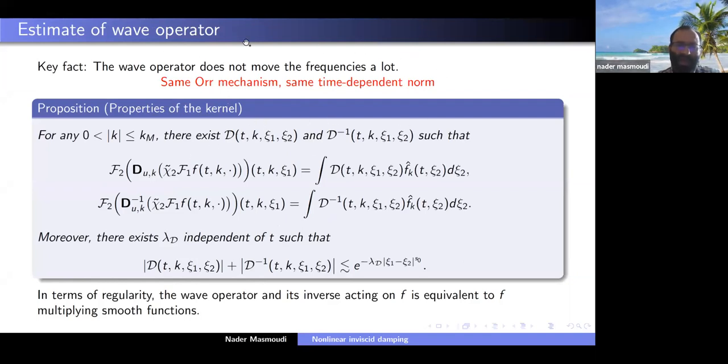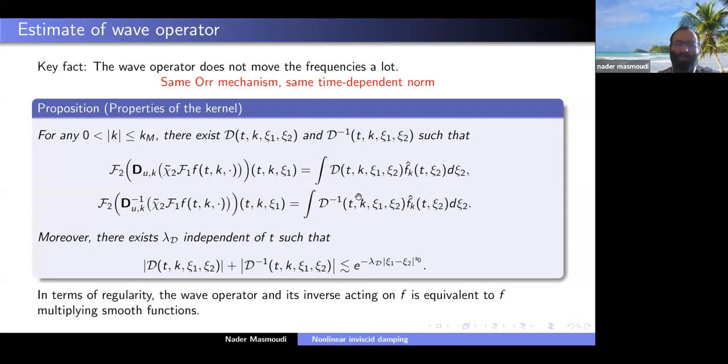Now, how does this interact with the so-called resonances? That's the second part in the proof with Jacob. It turns out it interacts well because it doesn't move frequencies too much in the Xi variable, and we have to prove it.